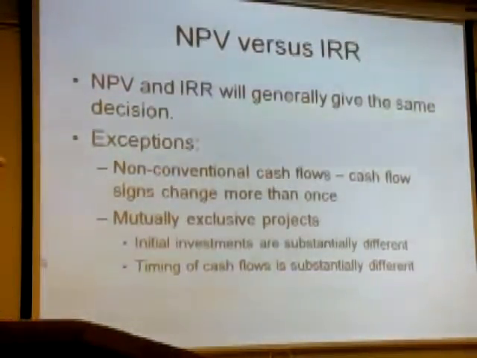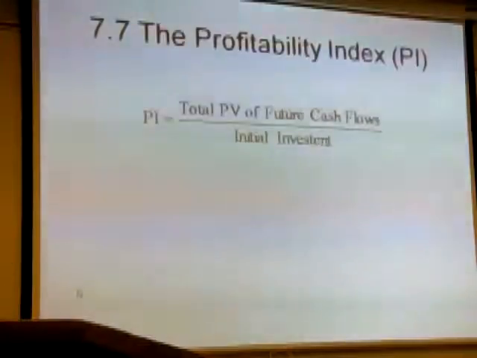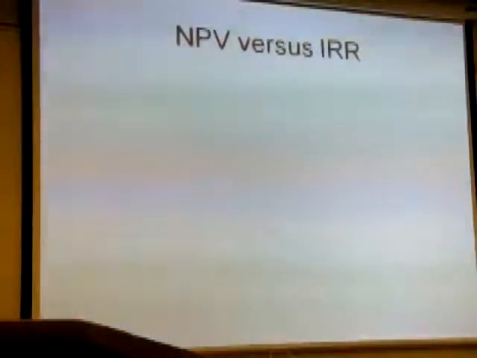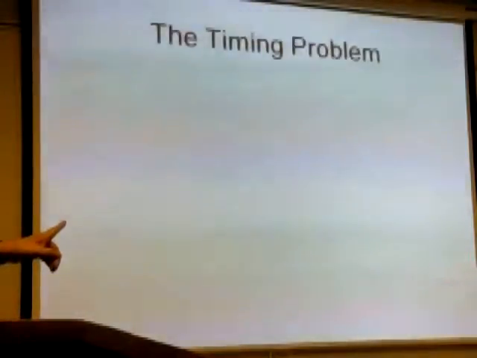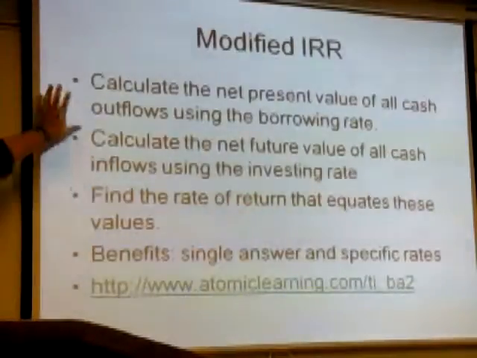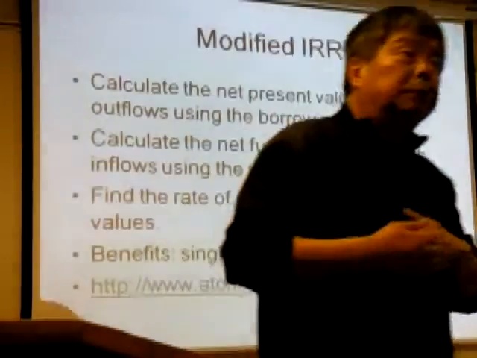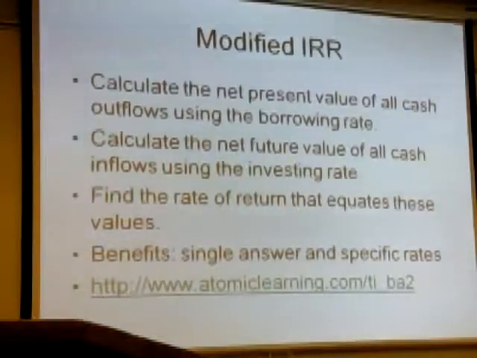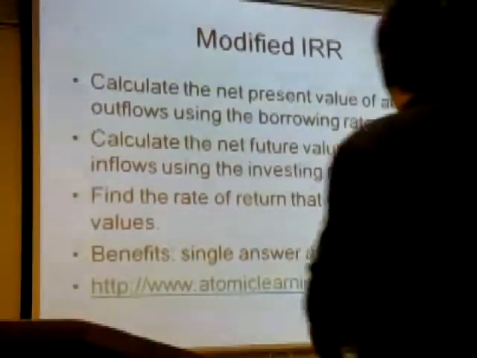Now, let me also introduce one more method. It's called modified IRR. Sometimes people find that IRR assumes the cost of capital is equal to the reinvestment rate of return. What is reinvestment? For example, you have multiple cash flows.